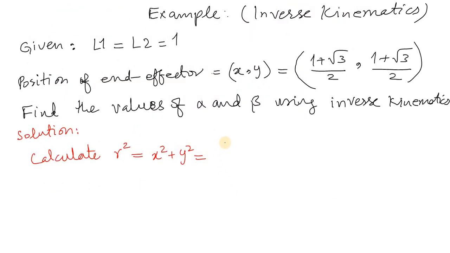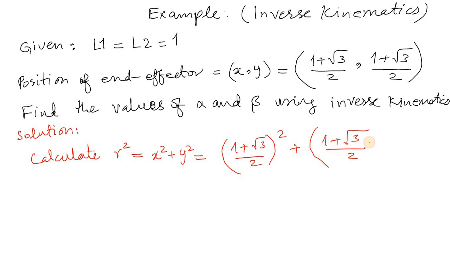y squared. So our x value is 1 plus under root 3 by 2 square plus 1 plus under root 3 by 2 square.